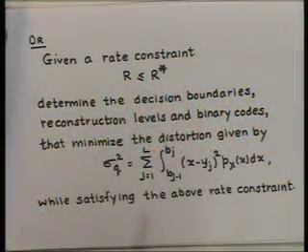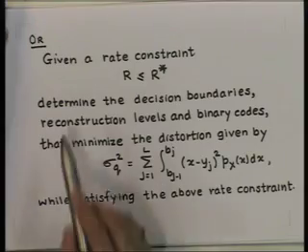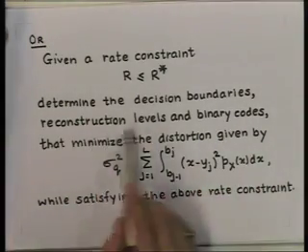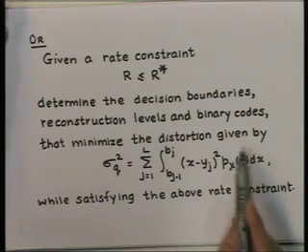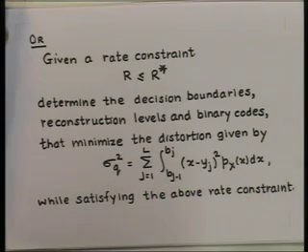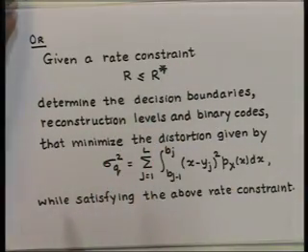Or the same problem can be posed as follows. Given a rate constraint, determine the decision boundaries, reconstruction levels and binary codes that minimize the distortion given by this expression while satisfying the above rate distortion constraint.